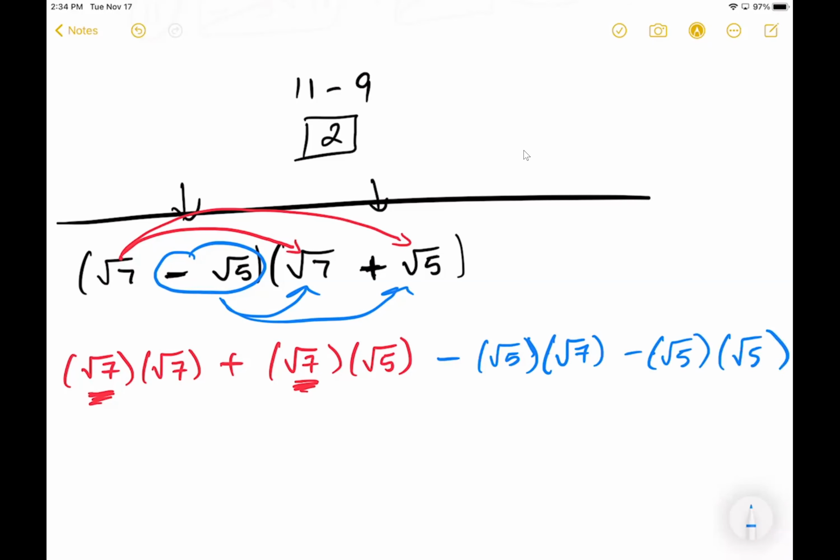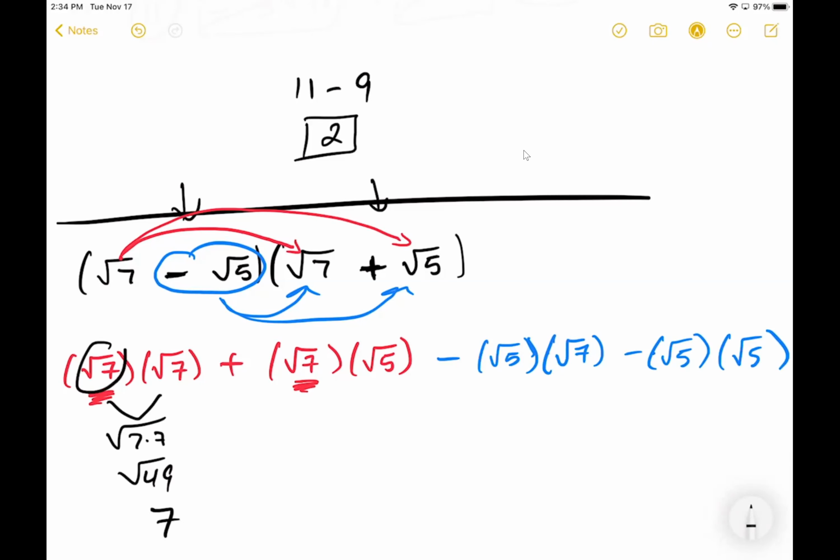Hopefully you see that when you multiply the radicals, square root of 7 times square root of 7 will give me square root of 49, and square root of 49 is equal to 7 on the outside.